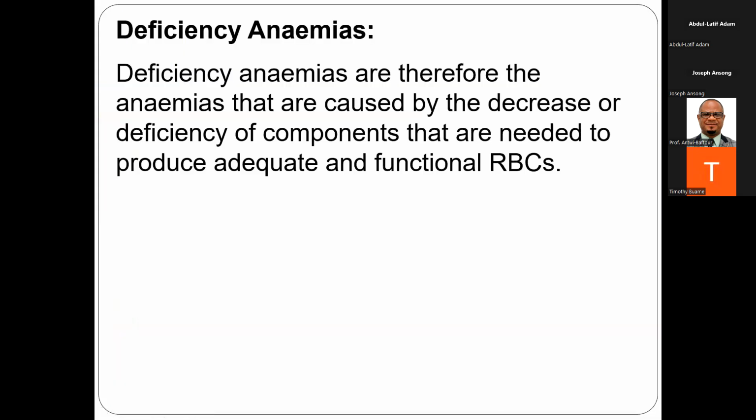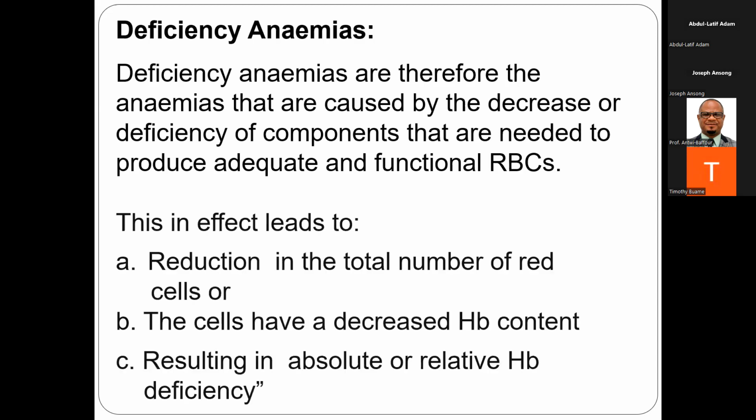So how then do you define deficiency anemia? They are the anemias that are caused by the decrease or deficiency of components, that is key, that are needed to produce adequate and functional red cells. So the components, the ingredients needed to produce a good number of red cells and good functional red cells, if they are reduced or deficient, then the resulting anemia is termed deficiency anemia.